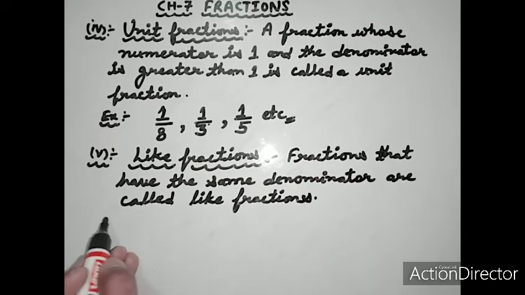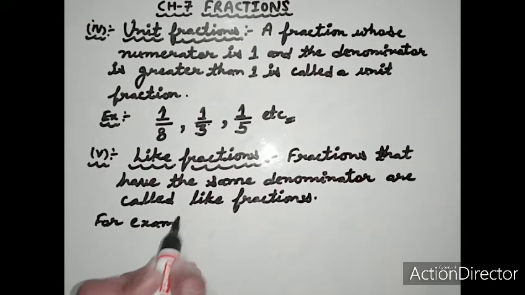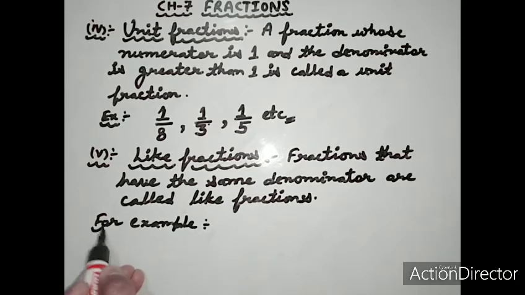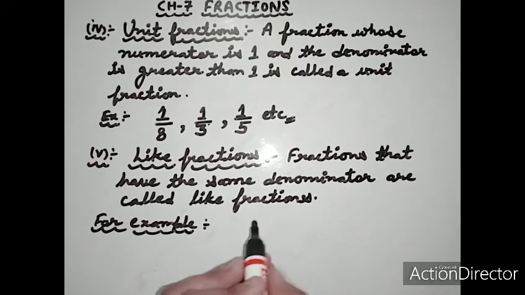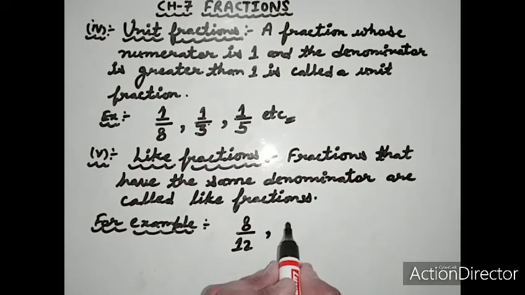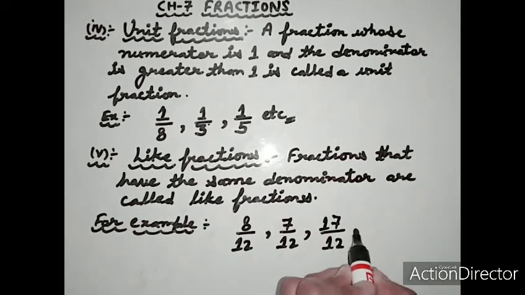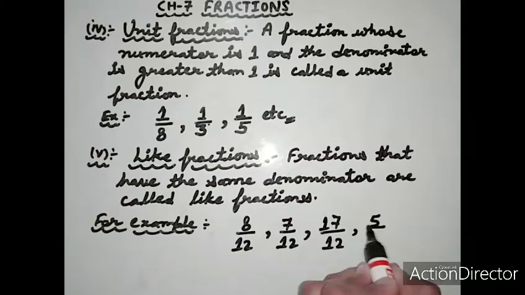Now for an example, we take a set of numbers like 8 upon 12, 7 upon 12, 17 upon 12, 5 upon 12.